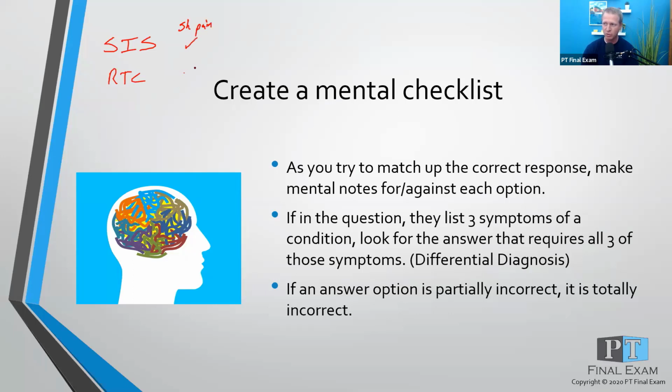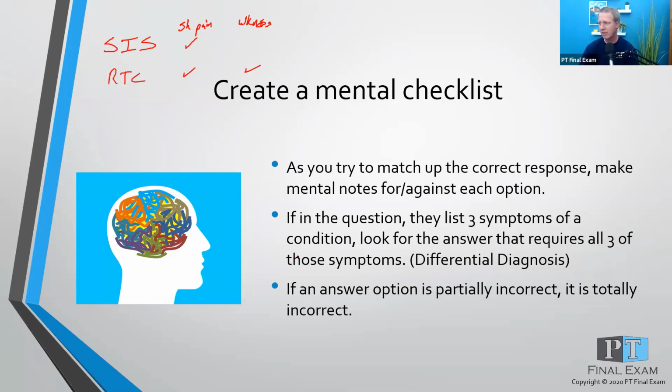Let's say they both have shoulder pain, but significant weakness is only manifest with rotator cuff tears. And so even though you can say, okay, well, part of the question would be correct for subacromial impingement syndrome, rotator cuff tear would explain more of these symptoms. And so you create this checklist, kind of a winner and loser list, as you look through and try to decide what's going on.